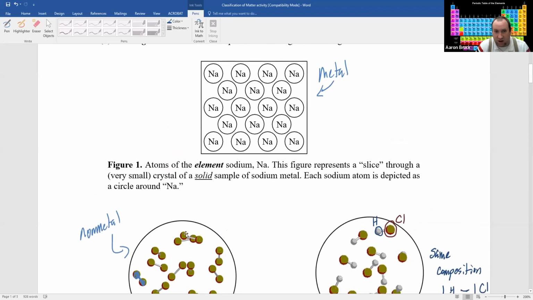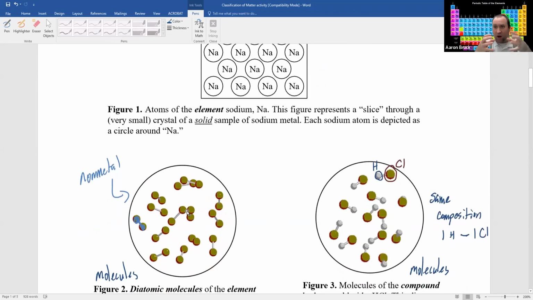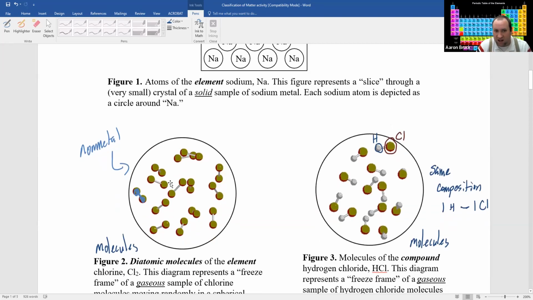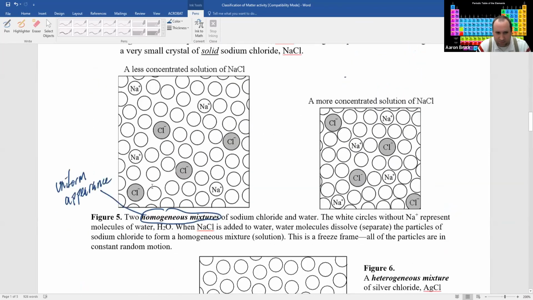The only difference between them is really the difference between metals and non-metals in terms of how they're arranged with each other, either in the solid phase where they're all bunched together, or in the liquid and gas phase where they're a little bit more separated. And we tend to see with non-metals bonding occurring as they make molecules instead of just atoms.